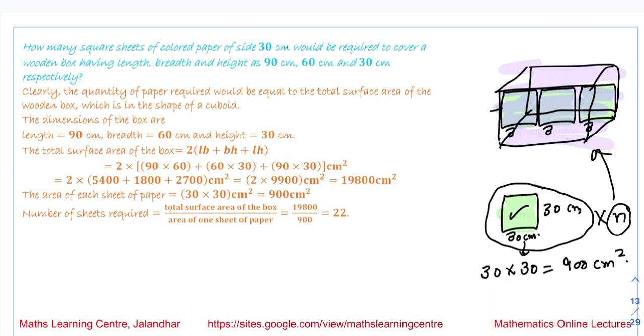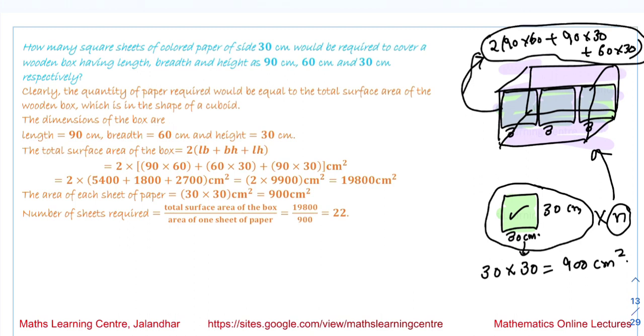What is the area of this box? The total area of this box will be 2 times length into breadth plus length into height plus breadth into height. So when you solve this, you will get the answer is 19800 centimeter square.